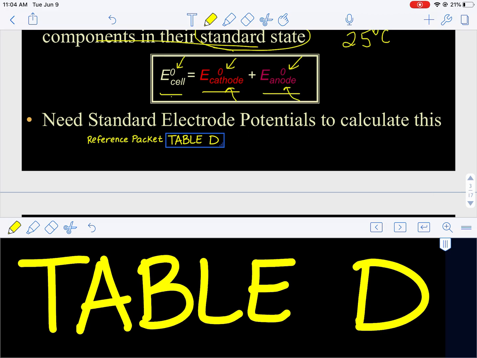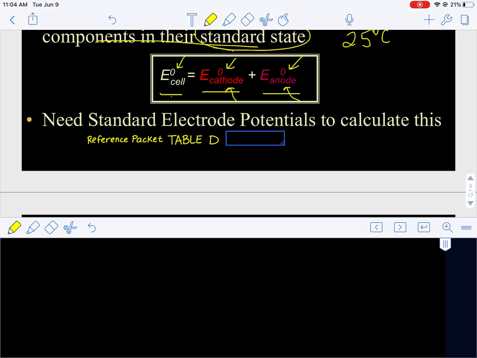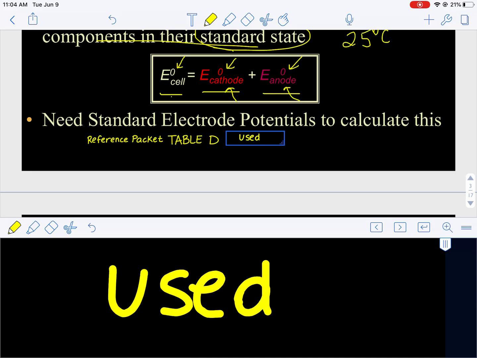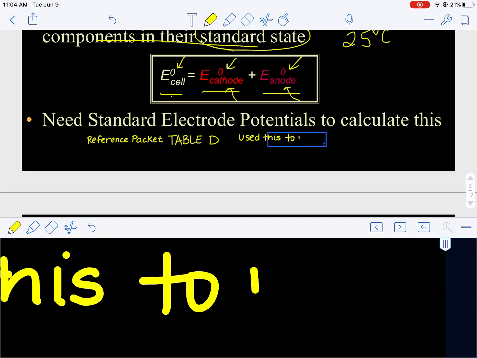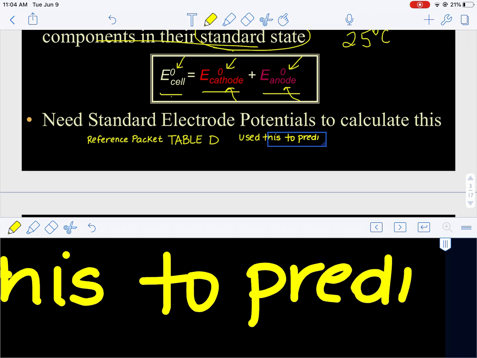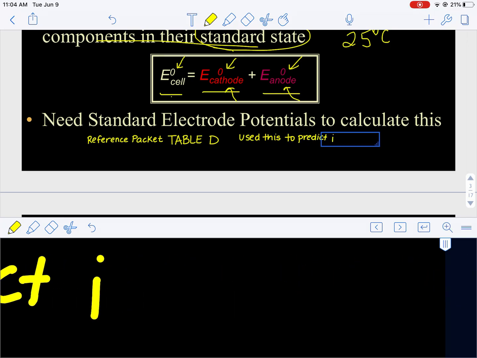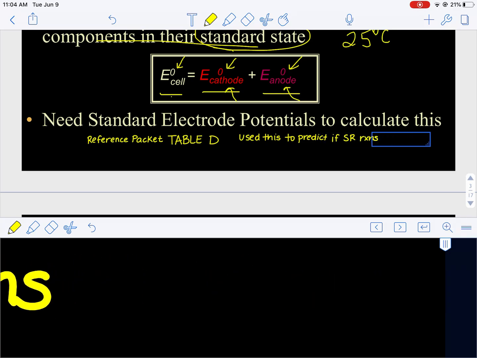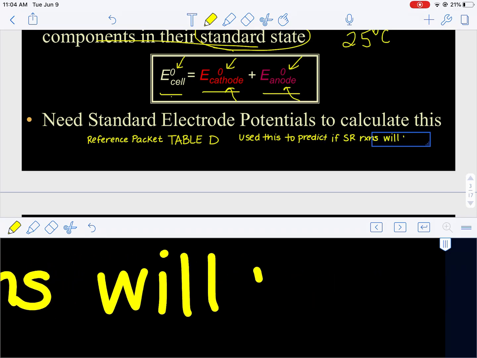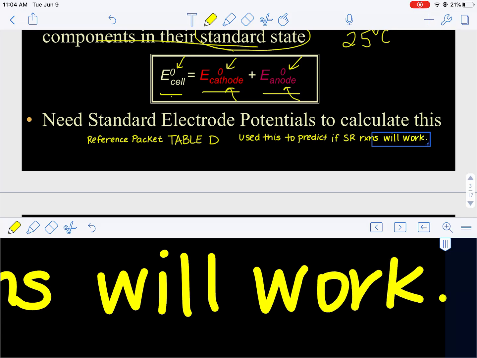And for those of you who are looking at it, you're saying, oh, we've used this before. We used this months ago to predict if single replacement reactions will work. So here's a little indication that single replacement reactions are actually redox reactions.